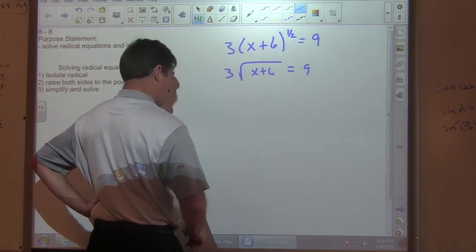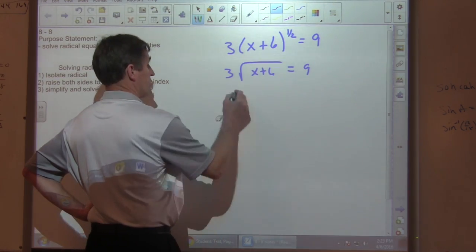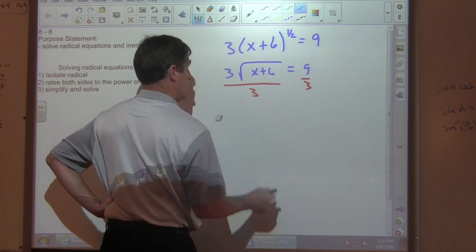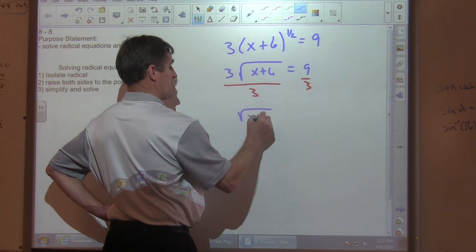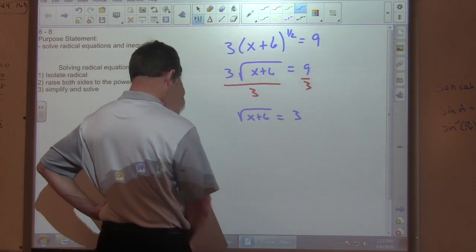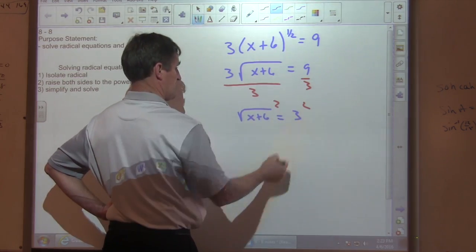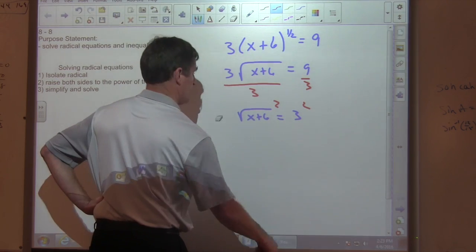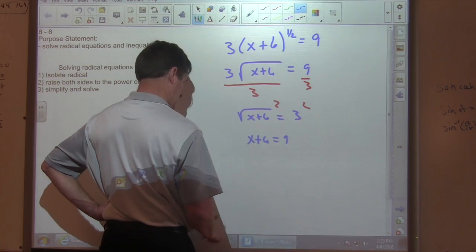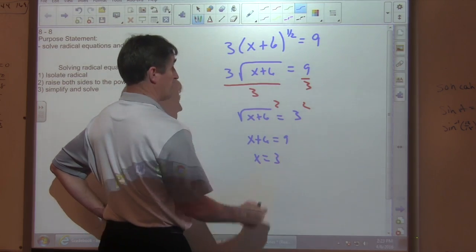Then we would get rid of the 3 and get the square root of x plus 6 equals 3. Then square both sides, so it's really the same as what we've been doing. x plus 6 equals 9, subtract 6, and so we get x equals 3.